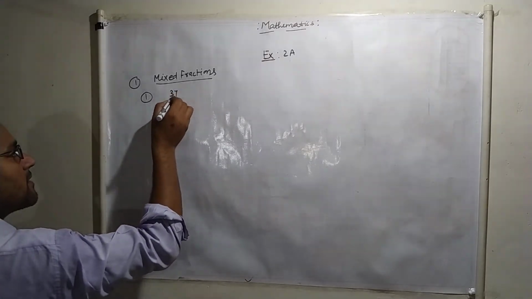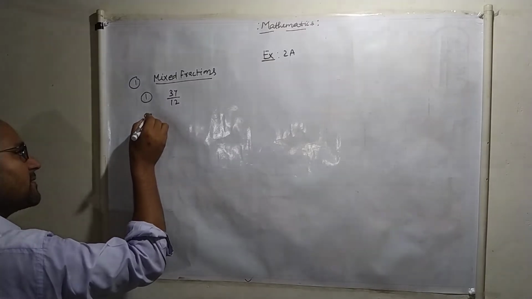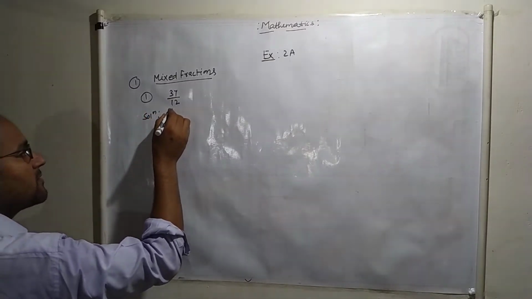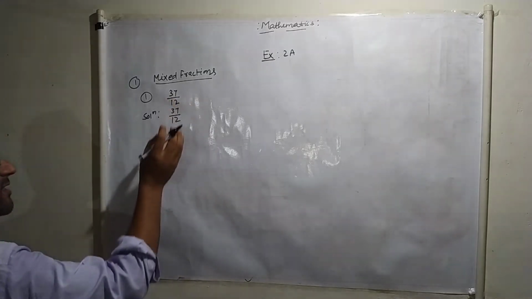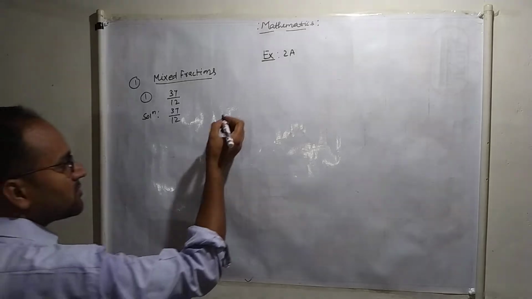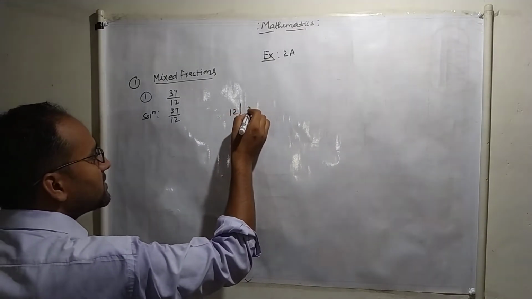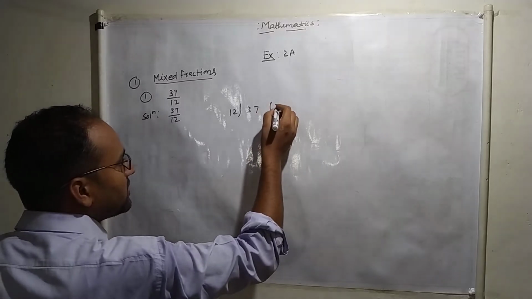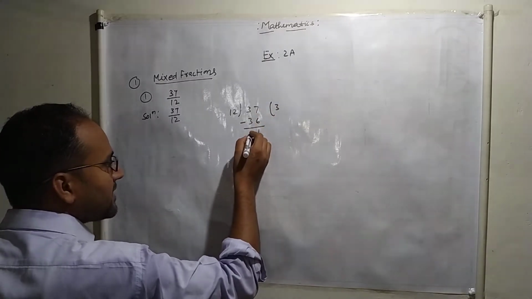37 upon 12. Dear students, listen. It's very easy. You can divide this numerator by this denominator. So on the right side, I am going to divide this one. 12 into 37: 12 3s are 36, 1 remains.